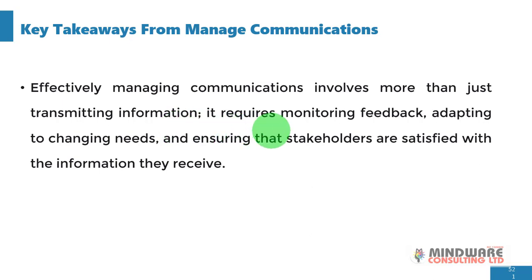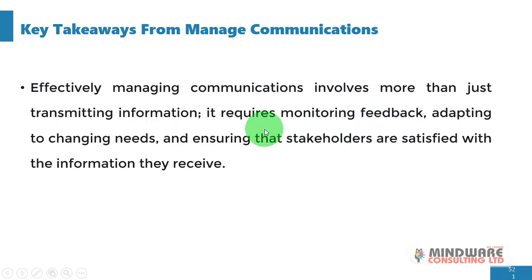It requires monitoring feedback. You have to get feedback. When the individual receives the information, you have to get feedback. That feedback is going to determine whether the person understood what was communicated, and is going to ensure that the right actions are going to be taken.